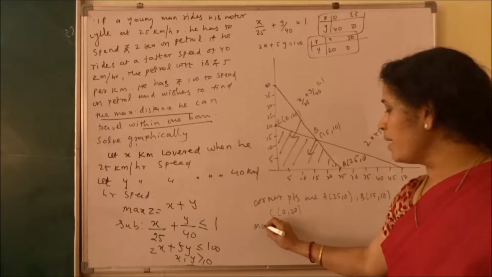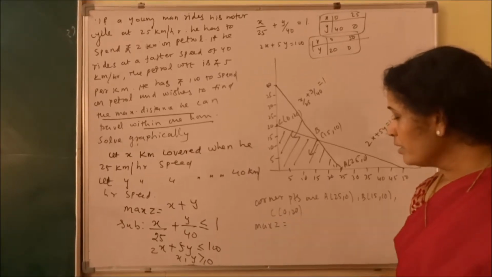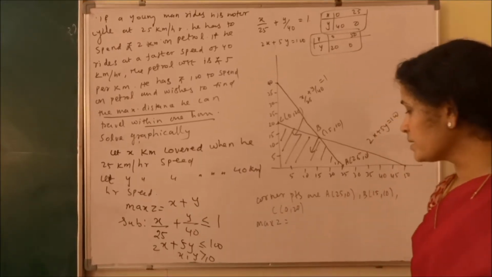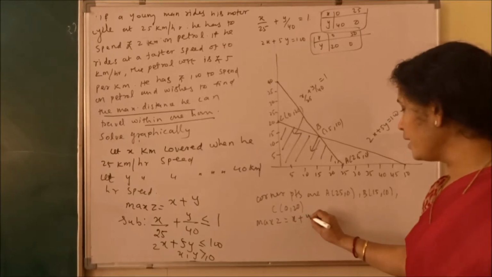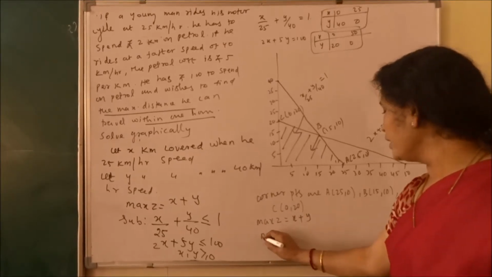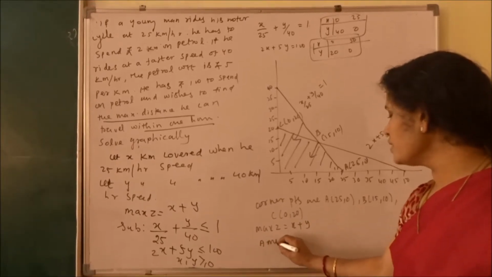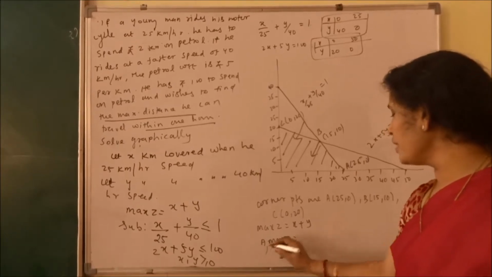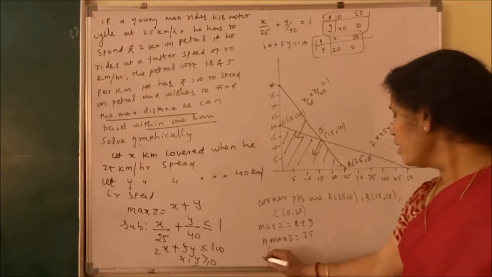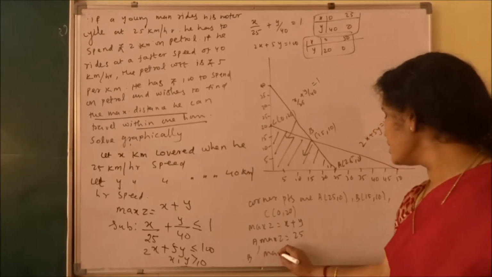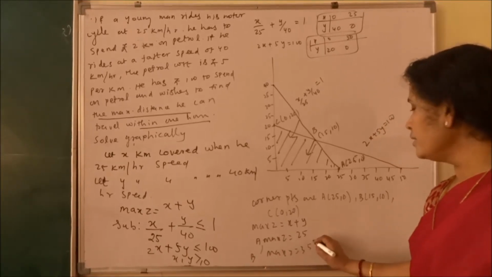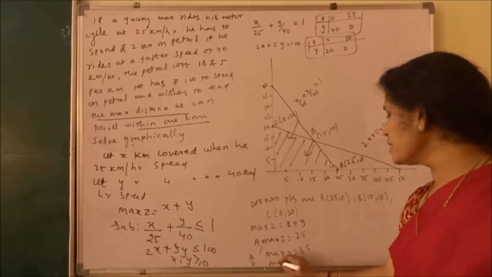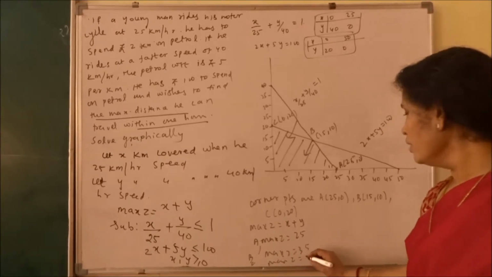Now substitute in maximum z, that is z equal to x plus y. Now if I substitute the A point, I am getting maximum z 25, for the B point maximum z I am getting 35, and for the C point I am getting maximum z as how much? That is equal to 20.